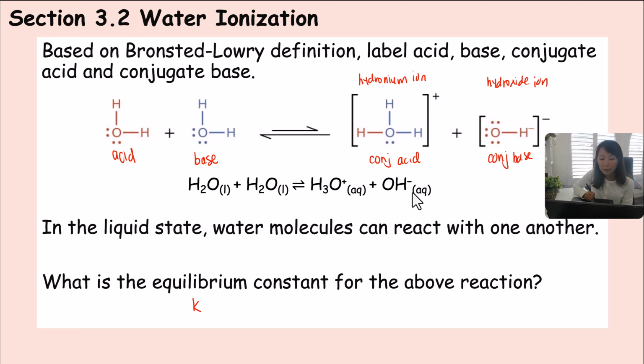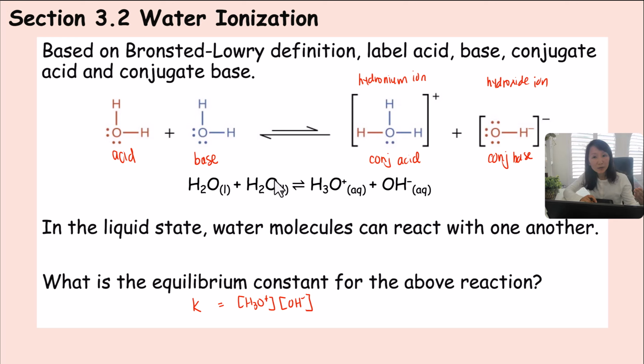So for the equilibrium constant K, the products are the concentration of hydronium ion and the concentration of hydroxide. That goes on the numerator. What about the denominator? Well, in the denominator we want to put the reactant there, but you'll notice that the water is in liquid form.